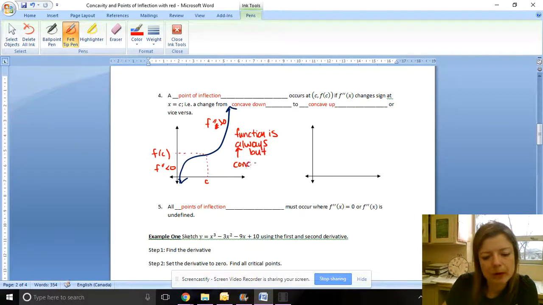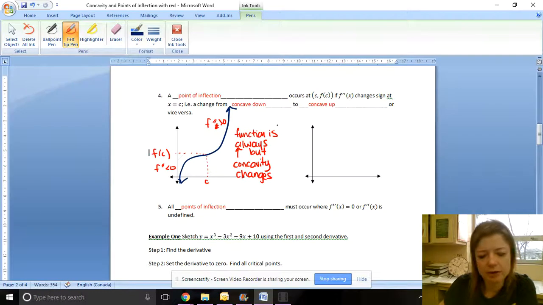That's why the first derivative is not enough to find points of inflection. If you want to find points of inflection, you have to use the second derivative. Again, the function's always increasing, so the first derivative is positive over this entire interval, but the second derivative changes from negative to positive, showing a change in concavity.